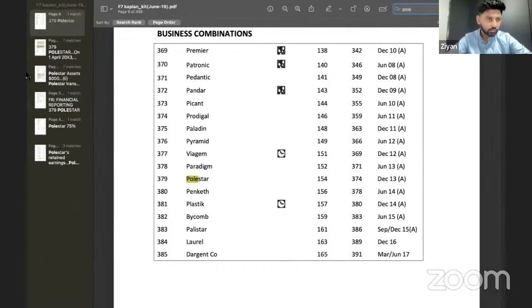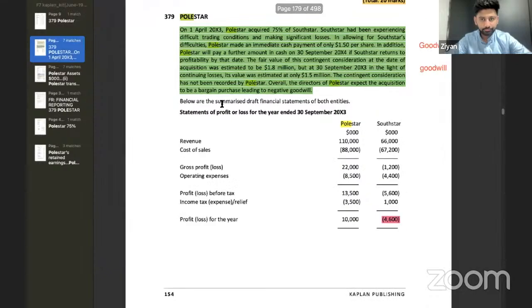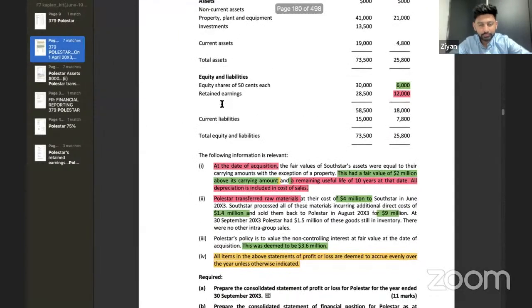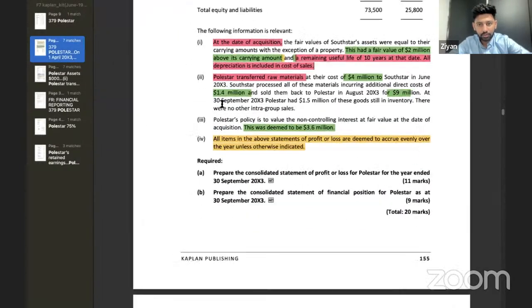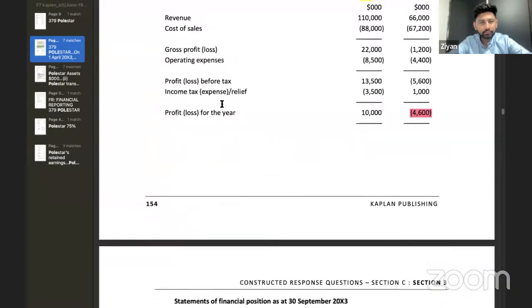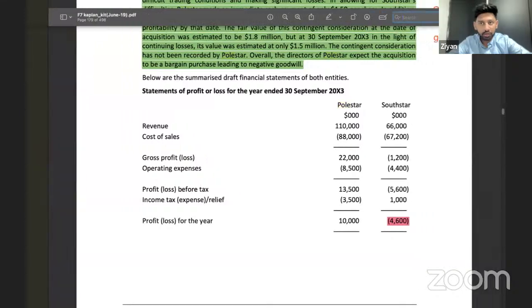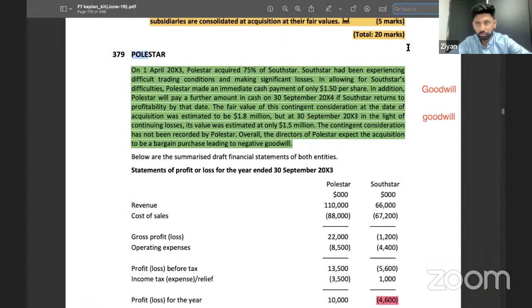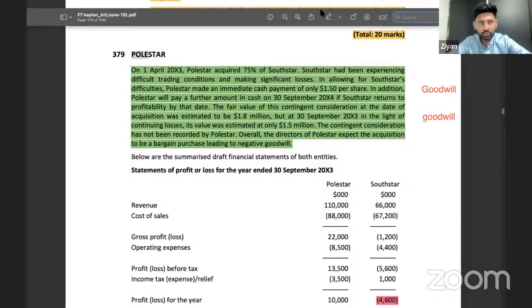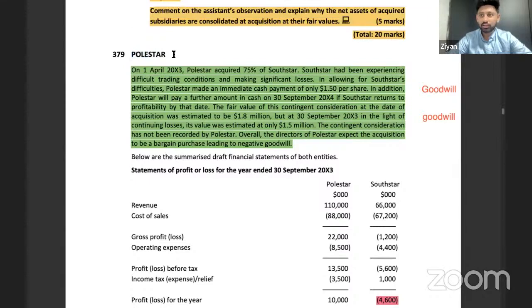Okay, we have a new learning in this. We have a very good question. There's a lot of learning in the question. So we have consolidated P&L and balance sheet both in this question. Polestar, okay? Guys, get it right. It is Polestar, nothing else.